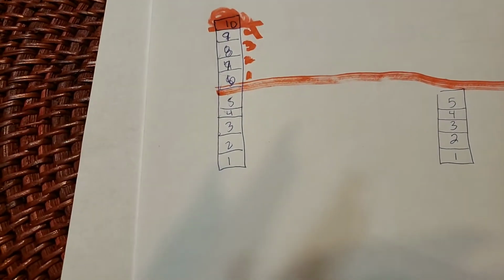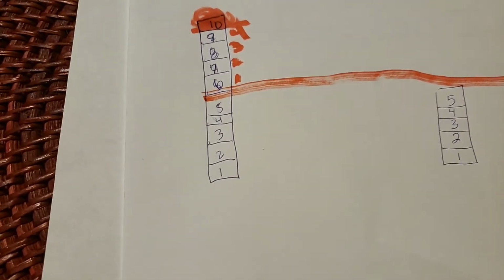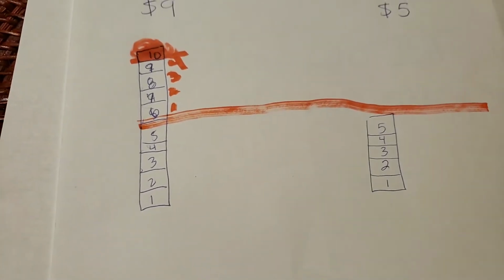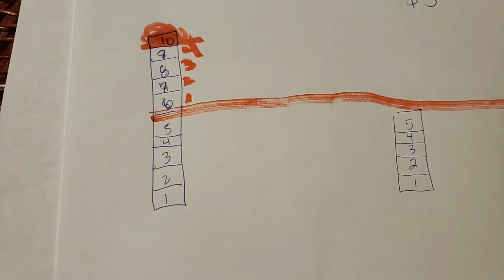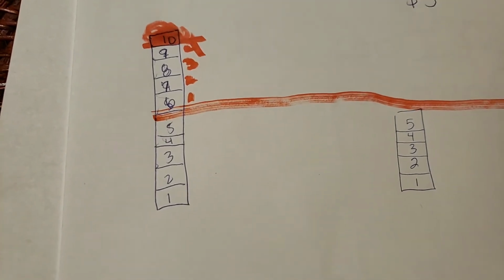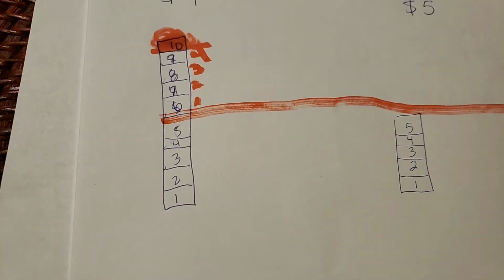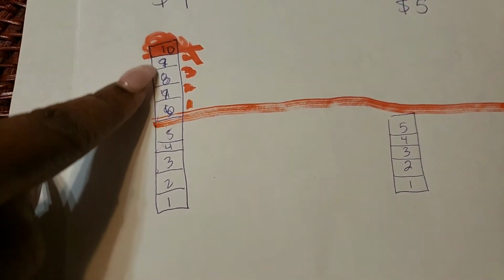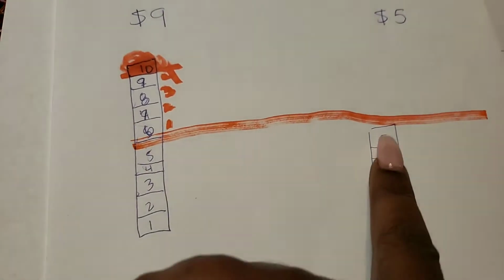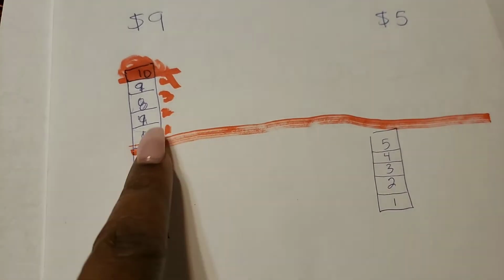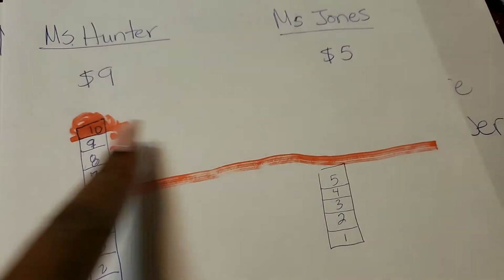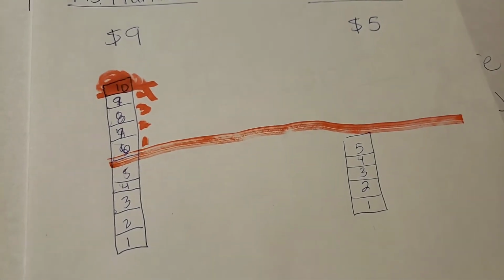So now, when we do this, we are going to write a number sentence, and our number sentence can be either addition or subtraction. It depends on the strategy we use. We could either find out how many extras one group needs to catch up to the other. And in this case, Miss Jones needs 4 to catch up to me.